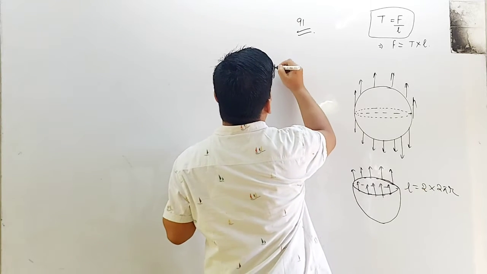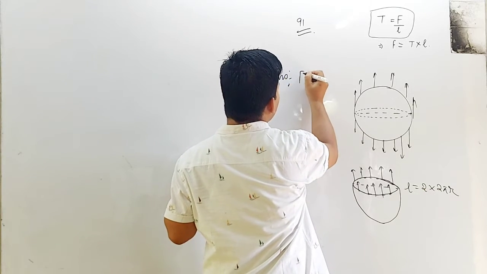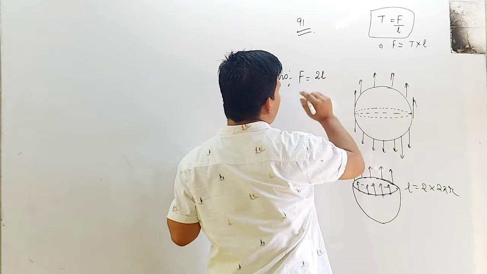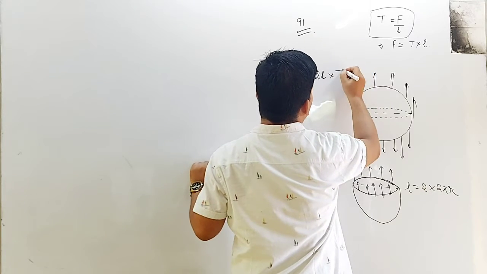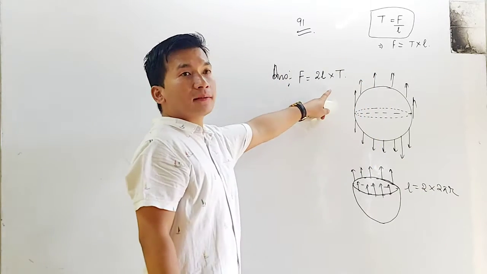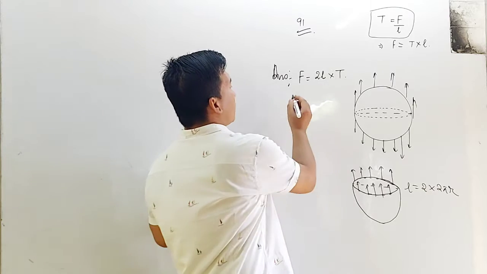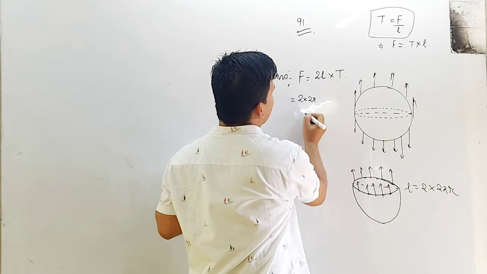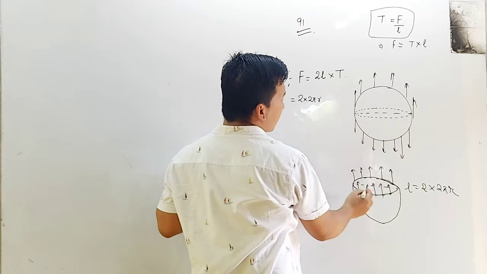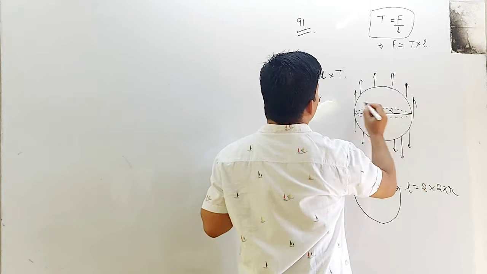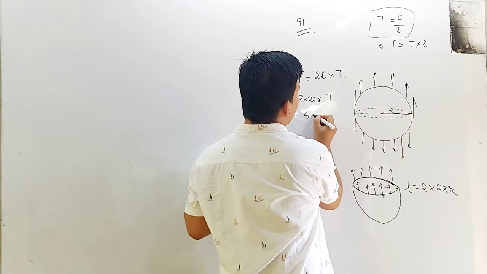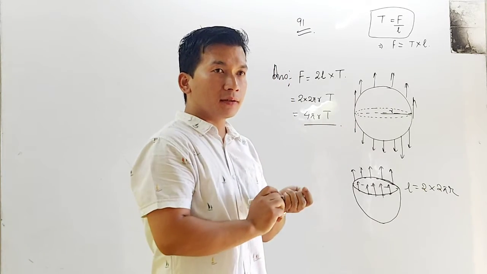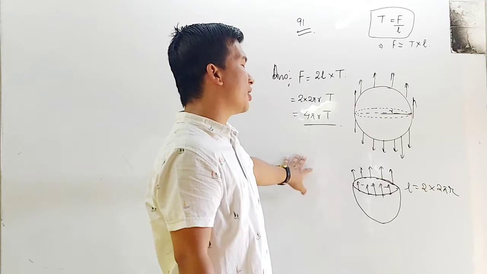Force will be equal to twice the circumference into surface tension T. If the radius is r, the answer will be 2 into 2 pi r into T, which is 4 pi r T.